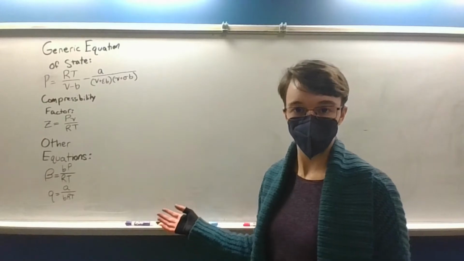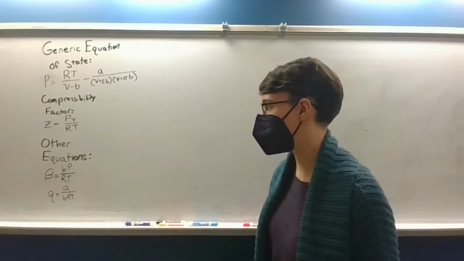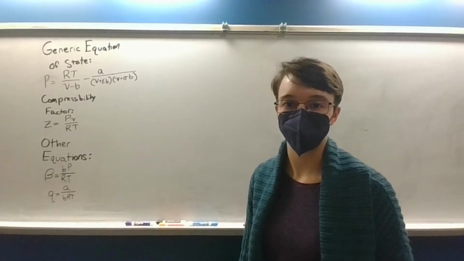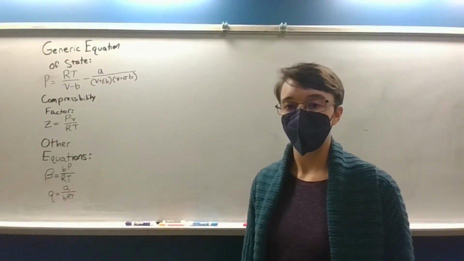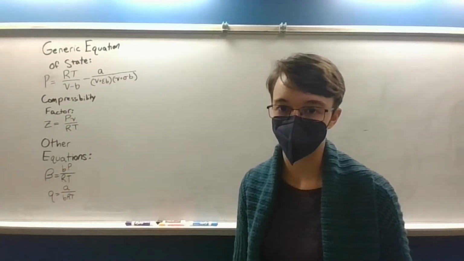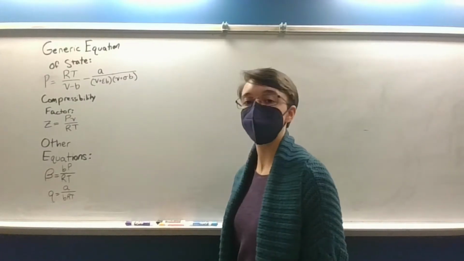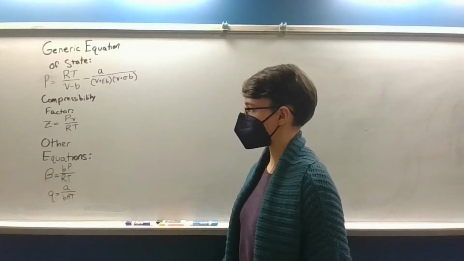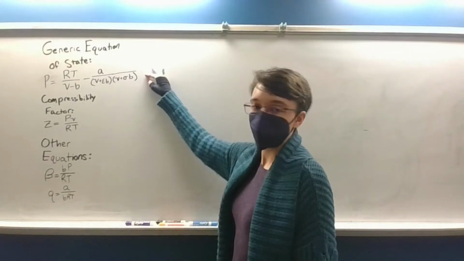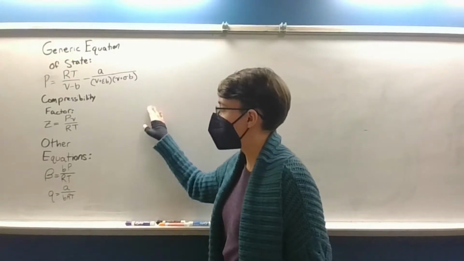It will become clear why we may need them. It's basically just to simplify things and make it look a little nicer, because we will get some pretty ugly fractions going here.